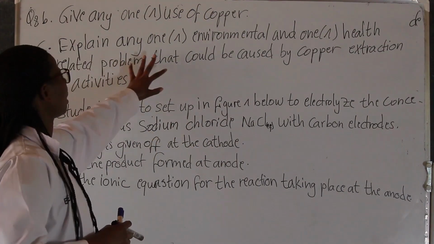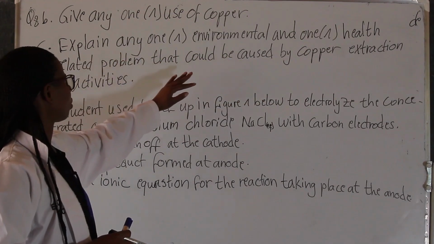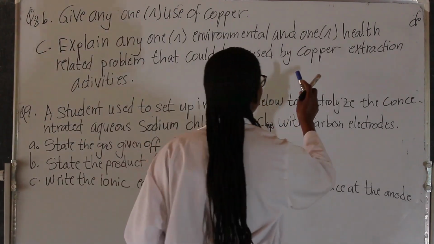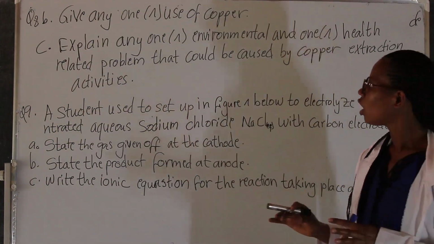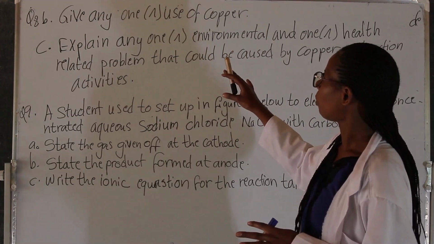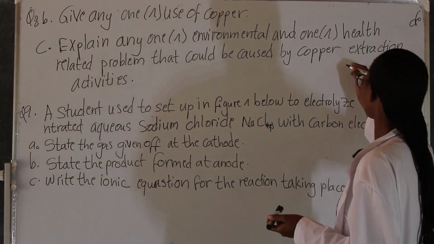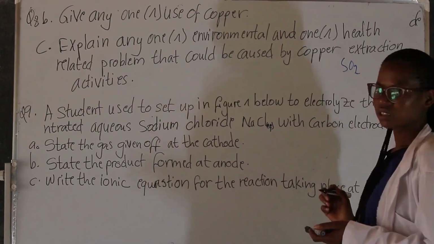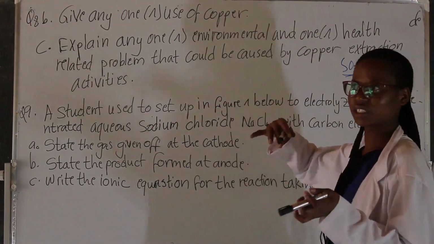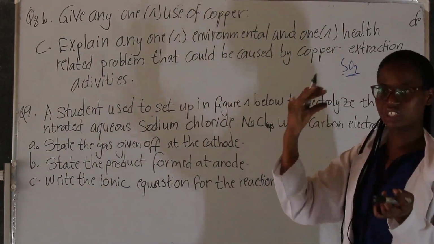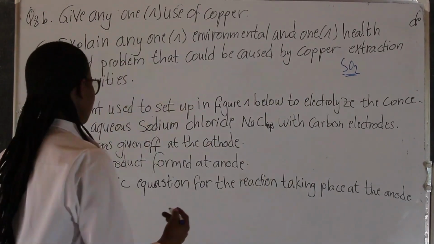For number C, explain any one environmental and one health-related problem that could be caused by copper extraction activity. Remember, while we were extracting copper, there was a production of SO2, sulfur dioxide. This sulfur dioxide can be emitted into the air, and can produce acid rain.